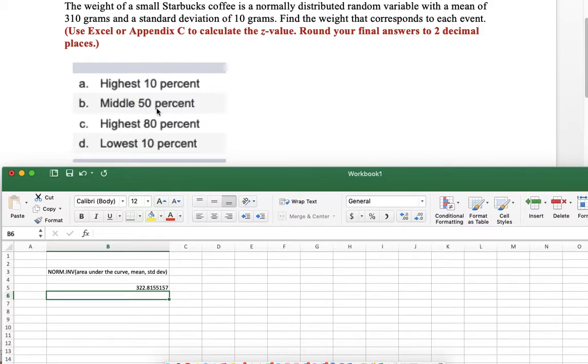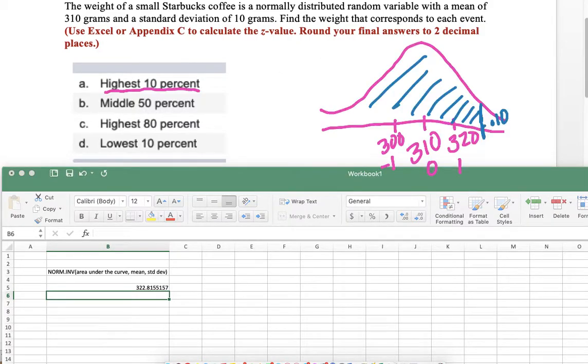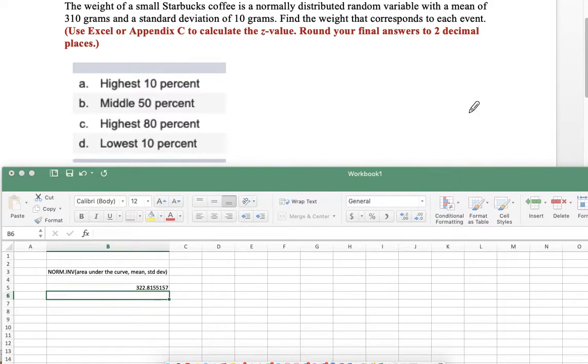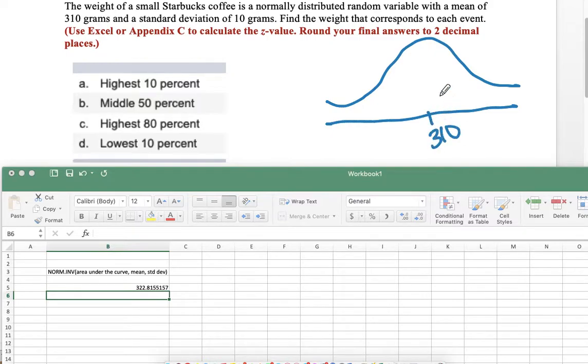The next one, the middle 50%, is a little bit different. Let's do another normal distribution curve. Again, we have 310 grams in the middle.